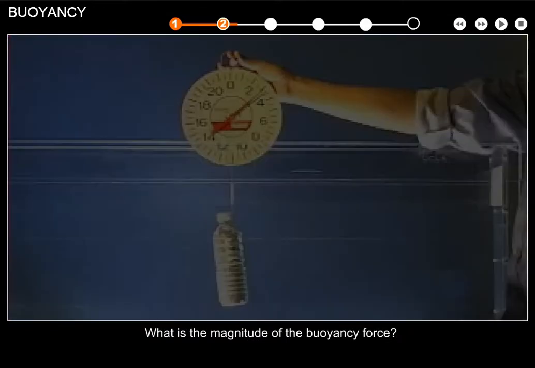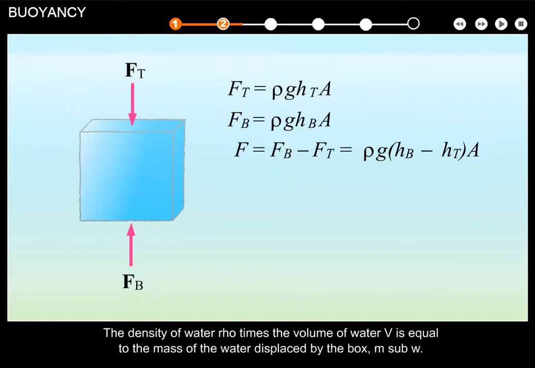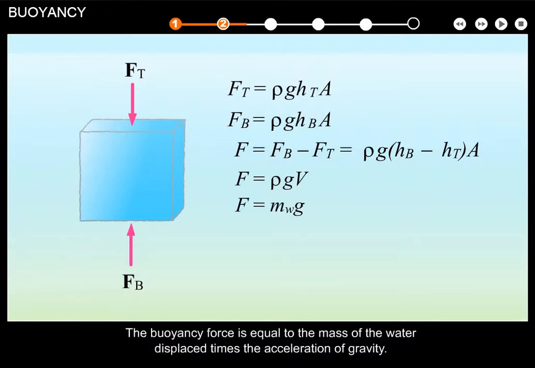What is the magnitude of the buoyancy force? Notice that the difference in height between the top and the bottom of the box times its cross-sectional area A is its volume V. The density of water ρ times the volume of water V is equal to the mass of the water displaced by the box, m sub W. The buoyancy force is equal to the mass of the water displaced times the acceleration of gravity.